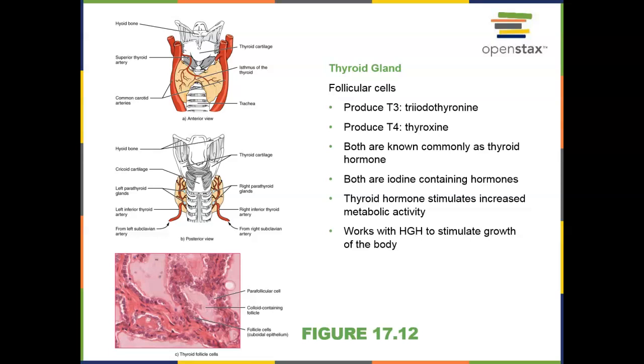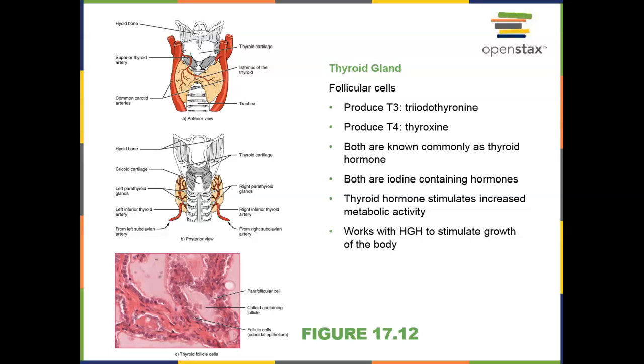Both of these are amine hormones, and these are the only amine hormones that are considered lipid soluble. So they are amines, but they are lipid soluble amines. They contain iodine. So if we don't have iodine in our diet, then these hormones can't be produced.